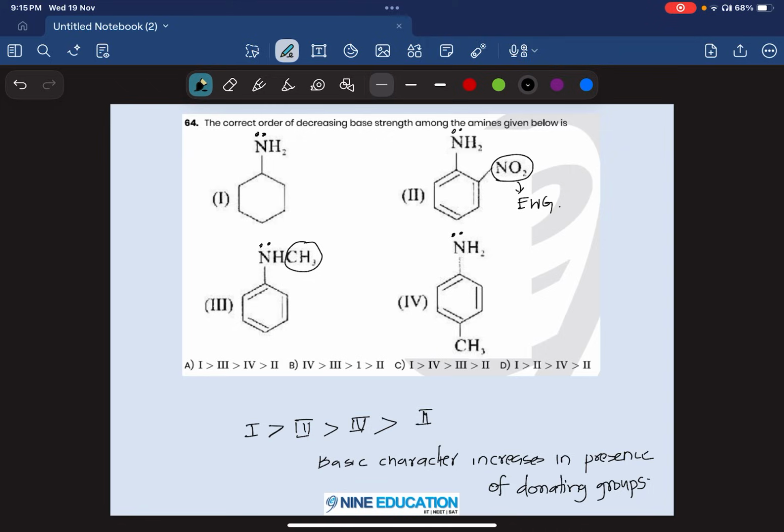Whereas in the fourth one, the donating group is a little bit far away. It would increase the electron density, but is not directly linked to nitrogen. That's why in case of 4, the donating ability of nitrogen is lower than in case of 3. So the option would be option A.